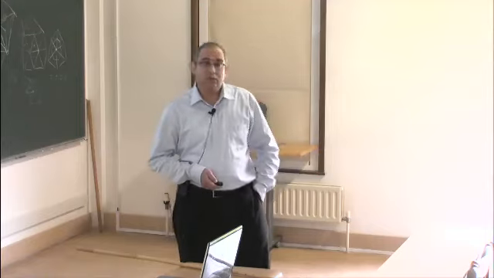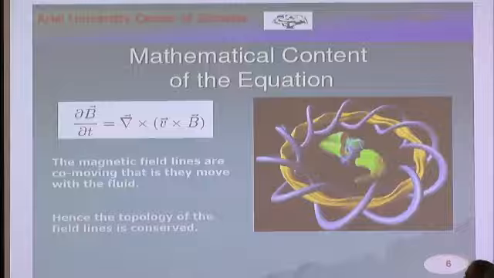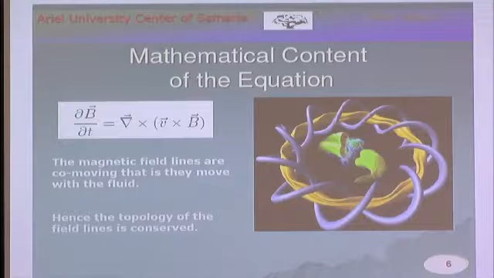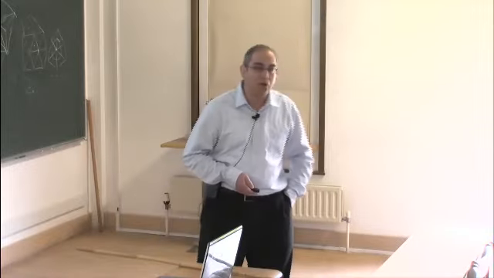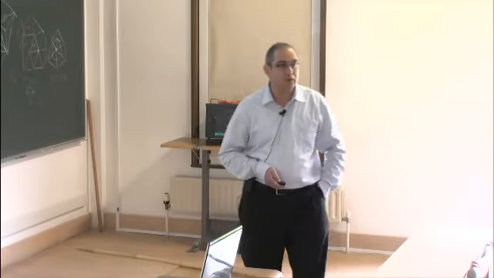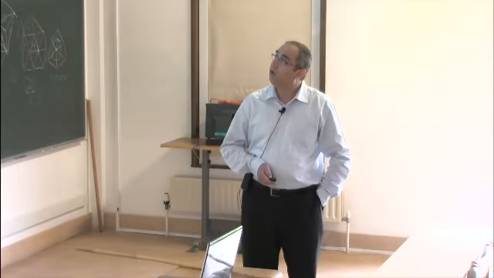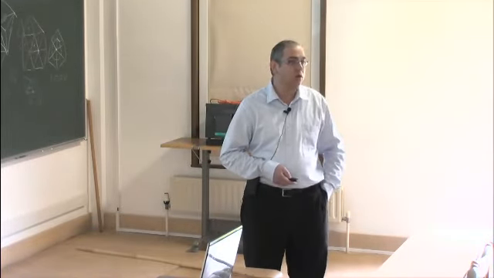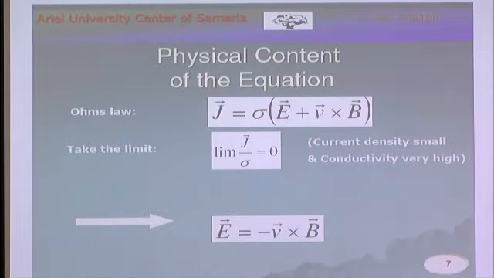This equation is really telling you that the magnetic field lines are co-moving. They move with the fluid. And this means that the topology of the field line is conserved. Now, how do you get to this equation? Well, essentially, you start with Ohm's law for a moving media, and you take the limit where J over sigma is null.